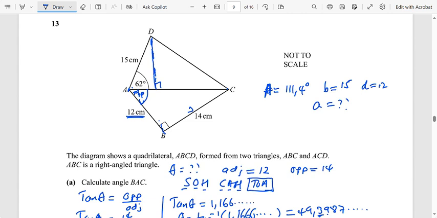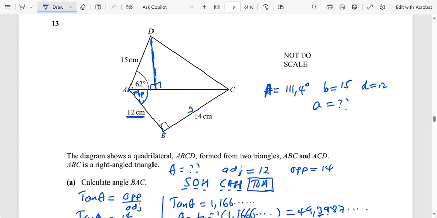So the line itself actually divides triangle ADC into two triangles, two right angle triangles. So I'm going to see which right angle triangle has got sufficient information.